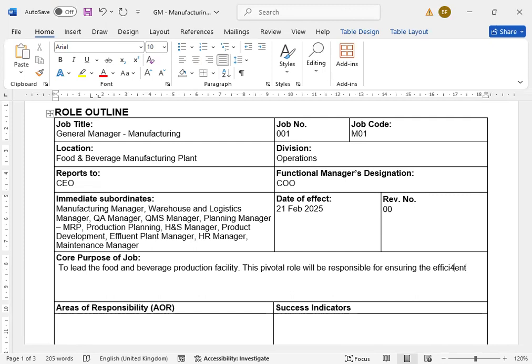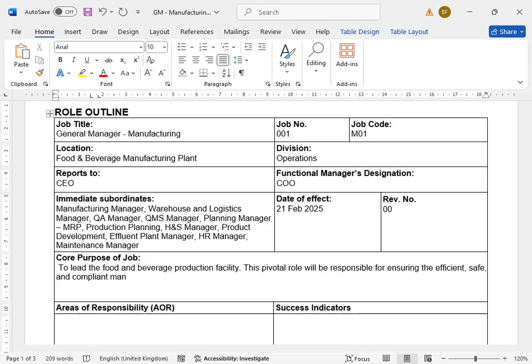efficient, safe, and compliant manufacturing. So they always comply with the standards like ISO 22000, managing the risk, food risk, things like that.